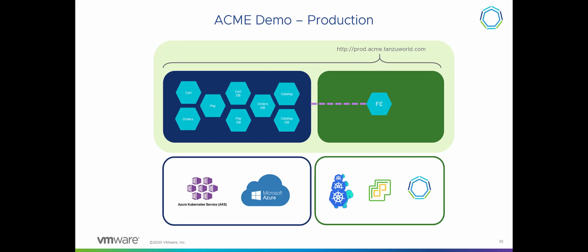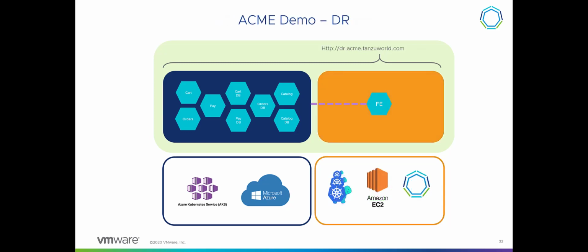The DR will be on the Tanzu Kubernetes Grid cluster, and the other one will be on AWS cluster. So we will have two different front ends on two different clouds, when the backend, both of them will be on AKS. And we're gonna group all the four inside the same global namespace.